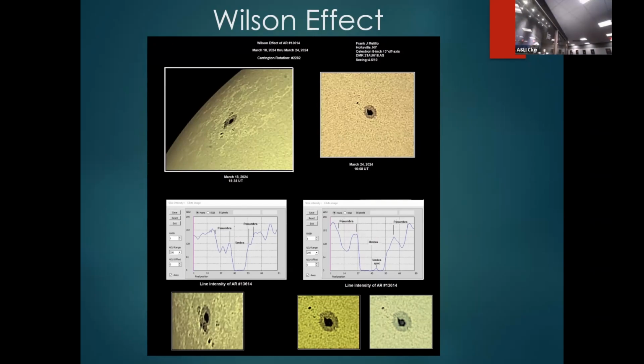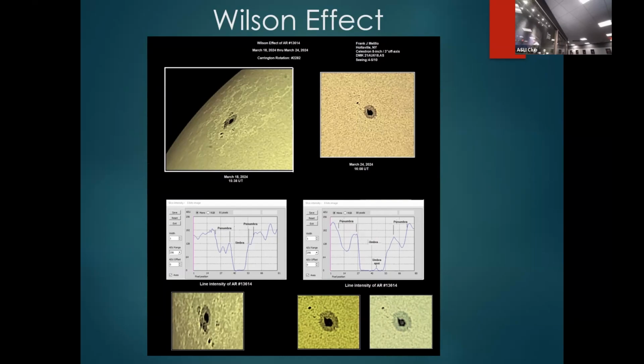Now what you see here is the Wilson effect. Now, what is the Wilson effect? It was seen by Alexander Wilson back in 1769. He was the first person to notice that when the sunspot is nearly on the edge of the sun, the sunspot has a saucer shape, and you can see the depth of field.